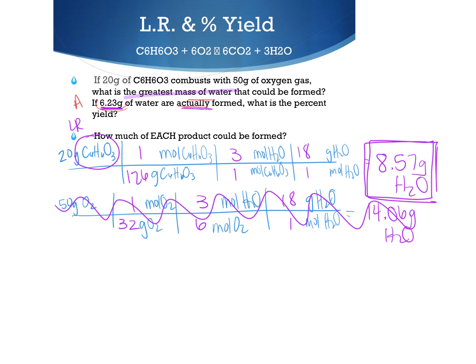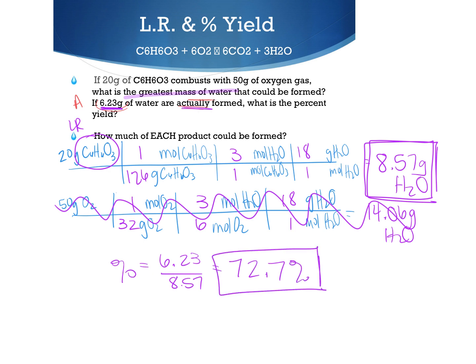So let's come down a little bit further here and say percent yield is equal to actual over theoretical, times 100. And so about 72.7%.